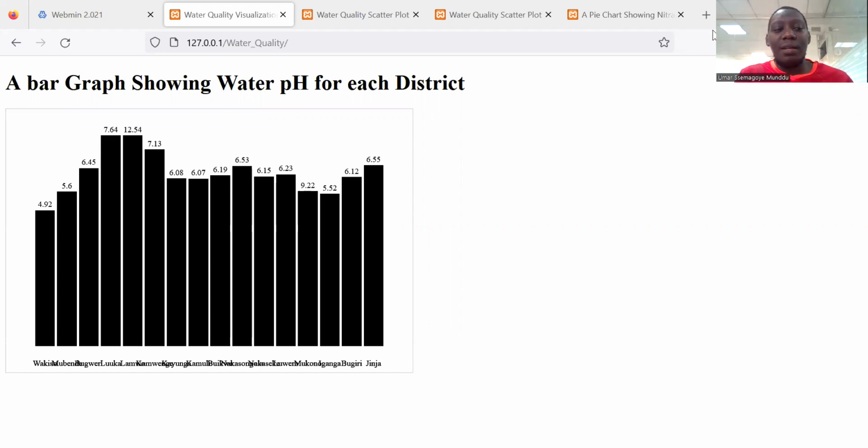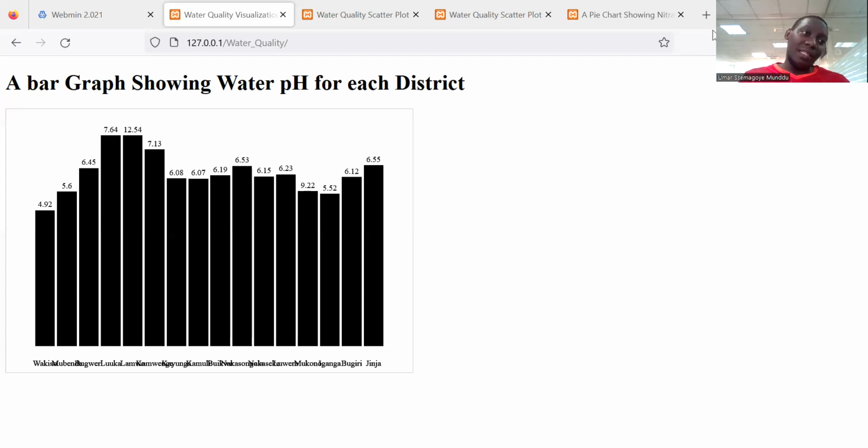I'm back with more about visualization. This time around, we're trying to visualize data about water quality. This is water that has been sampled in different districts.